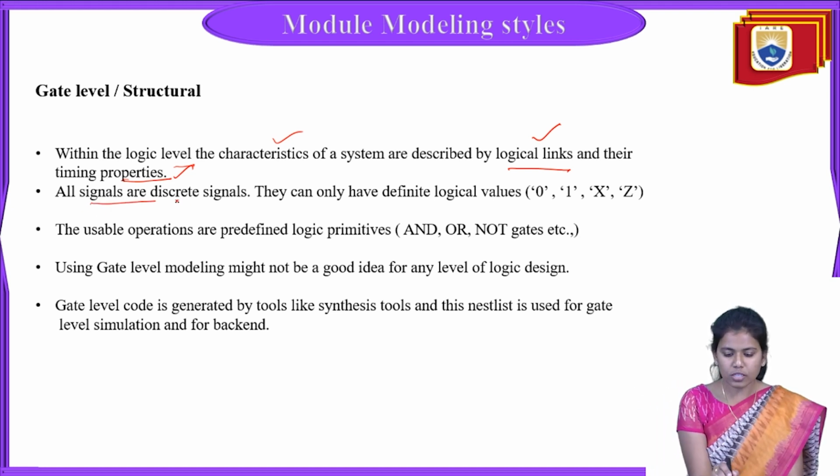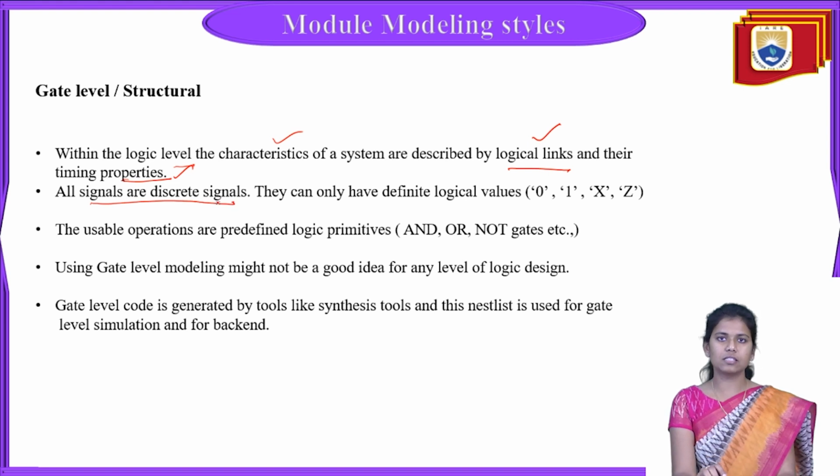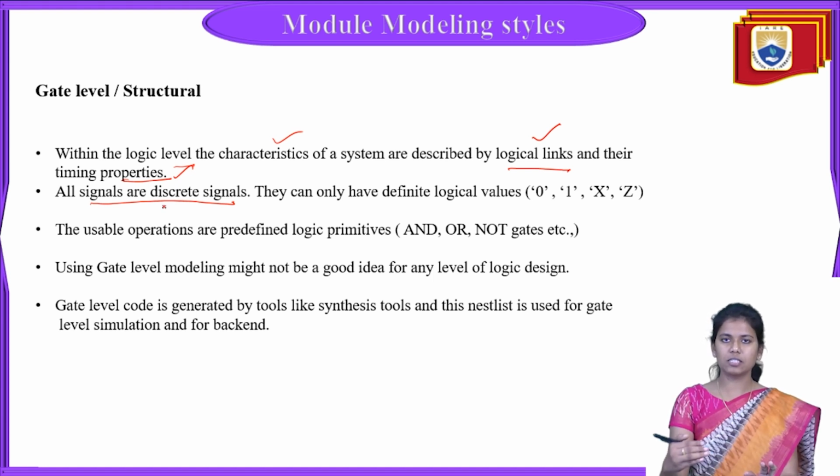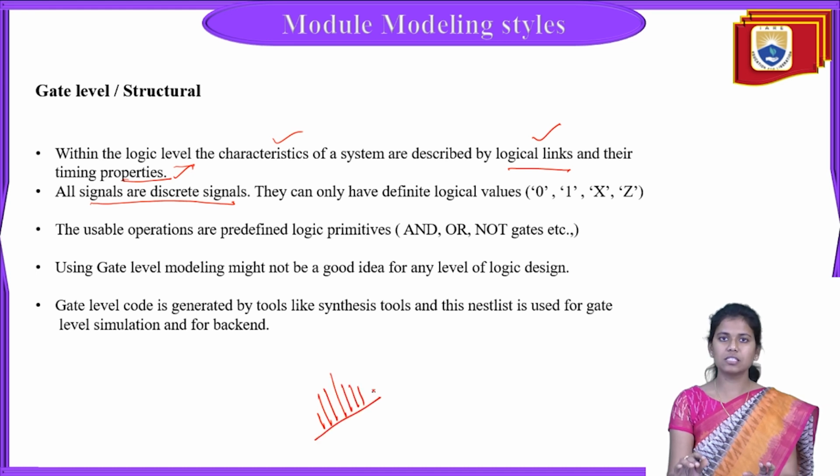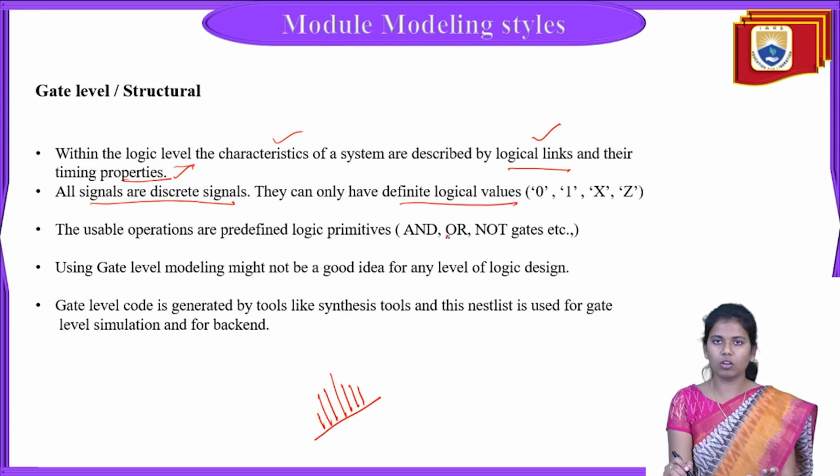And also all signals are discrete signals. We don't see any continuous signal; all the signals are discrete signals. They can only have definite logical values. As these signals are discrete, they have discrete logical values: 0, 1, don't care and high impedance.